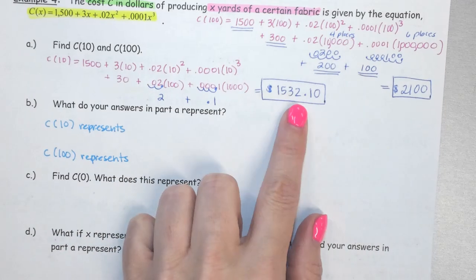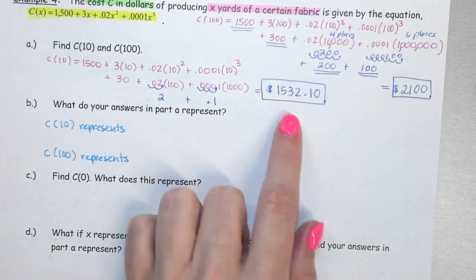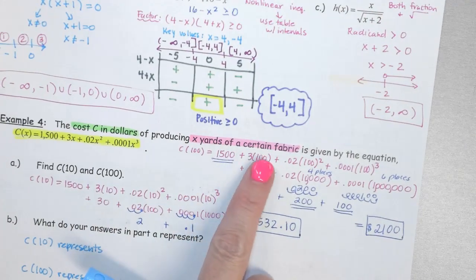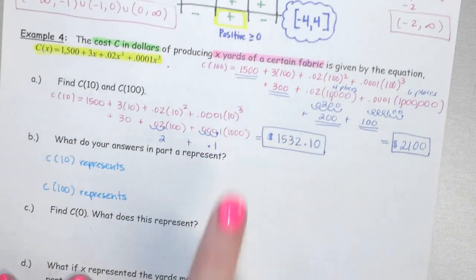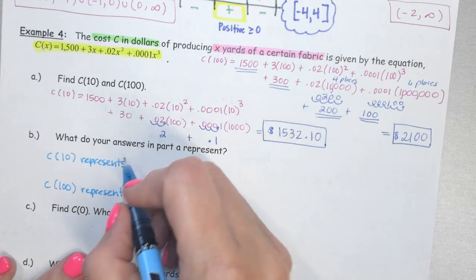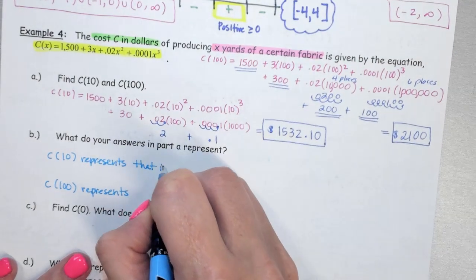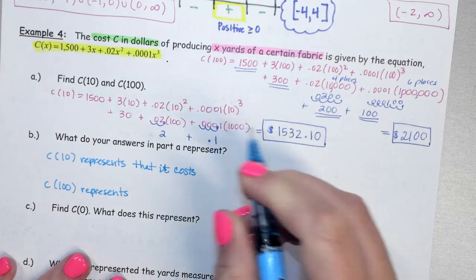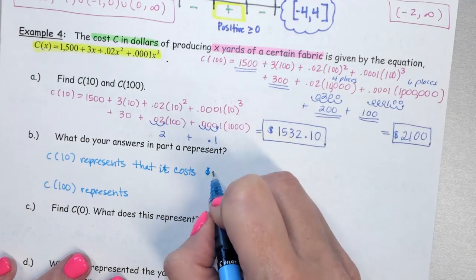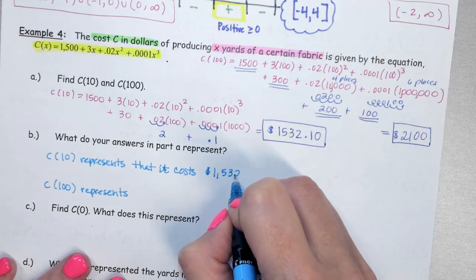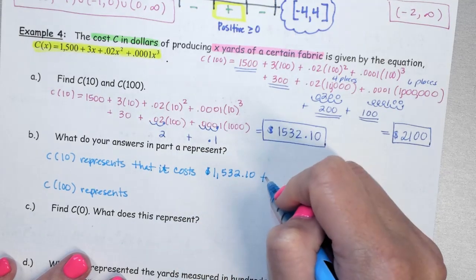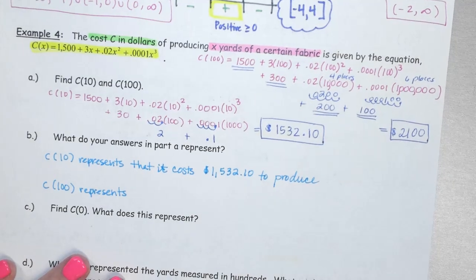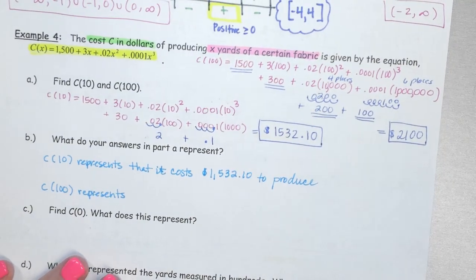So this value here, the money, is what it costs to produce. It says X yards of a certain fabric. Okay, so we can say C of 10 represents that it costs $1,532.10 to produce. And then we also want to make sure that we include the units.